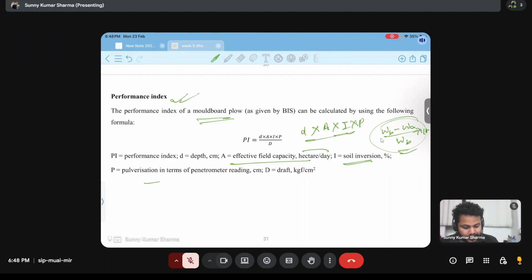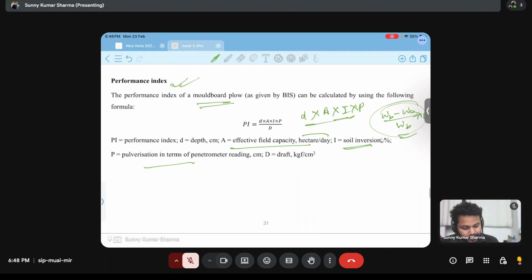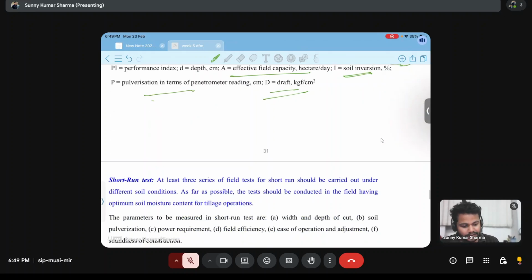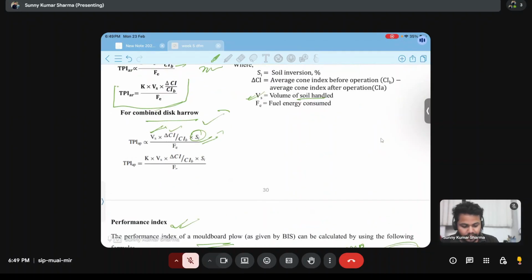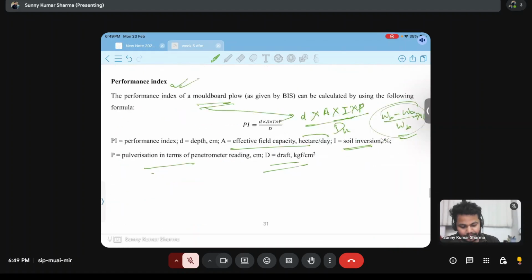This is multiplied by P, the pulverization, which is the penetrometer reading, divided by D, the specific draft, in kg per centimeter square. So in the case of the moldboard, this will be the tillage performance index. This will be the performance evaluation of the moldboard. If someone asks you to compute for the disc harrow, this will be the main criteria.